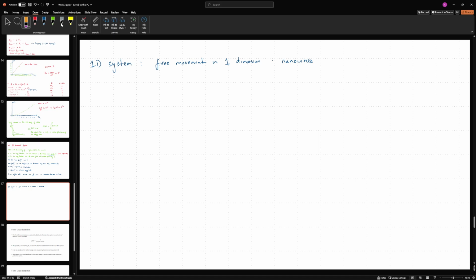nanowires. And truth be told, if I have very long normal wires, like classical bulk wires, if the length is extremely long, then actually we will start seeing similar 1D system like behavior.